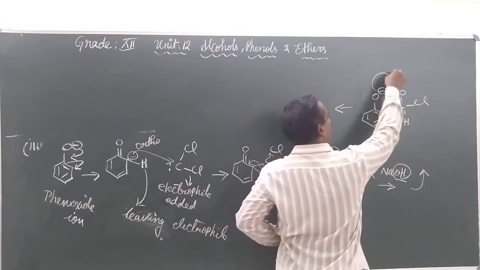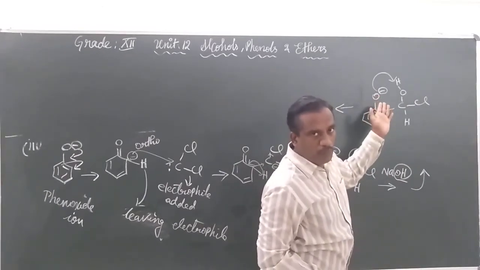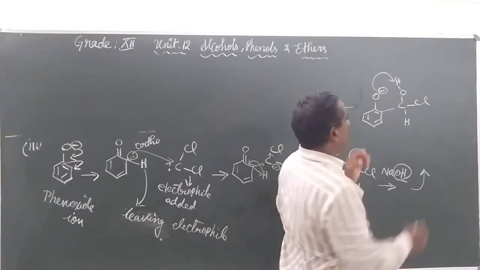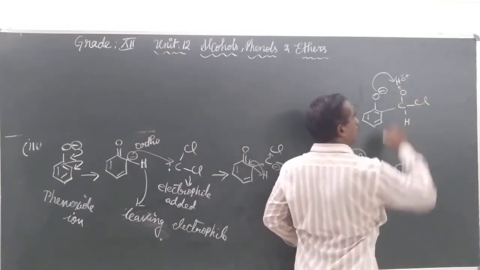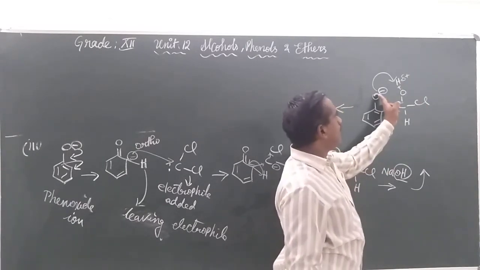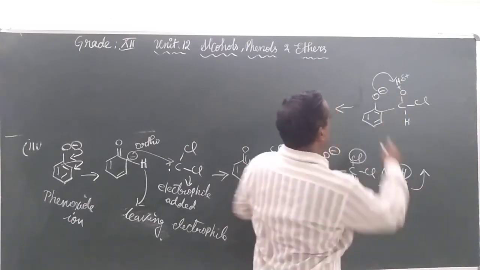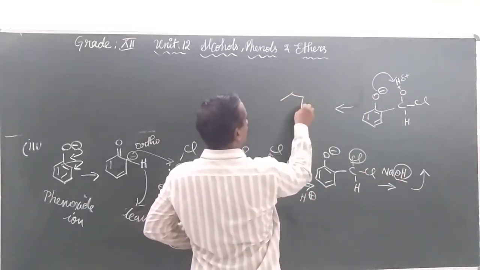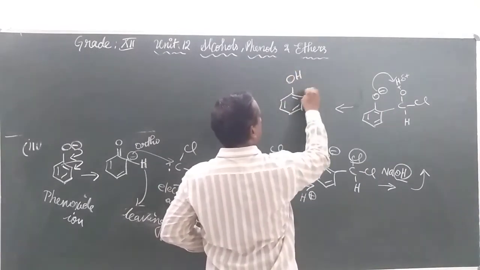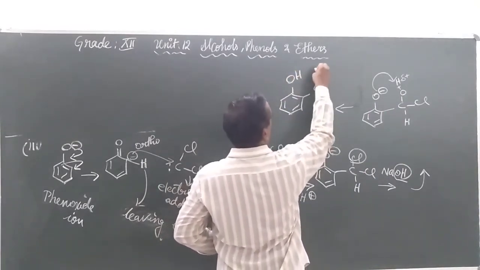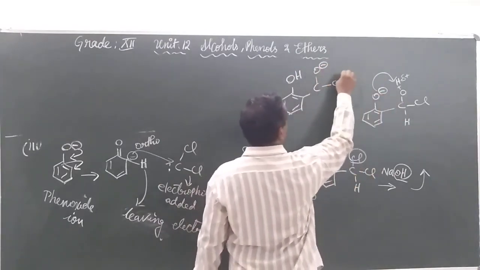It is giving electrons to the hydrogen, because it is a nucleophile, an electron-rich center, and oxygen is going to withdraw the electrons from the hydrogen. So the oxygen is left behind in the form of O minus.